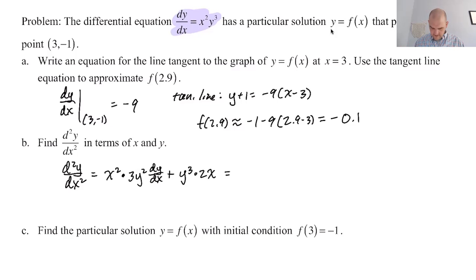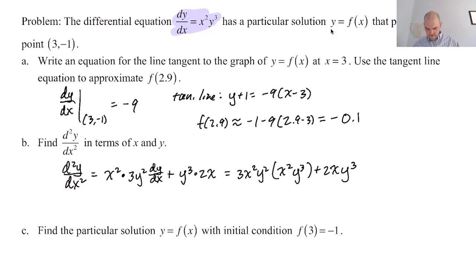So this will be 3x squared y squared times x squared y cubed, plus 2xy cubed.